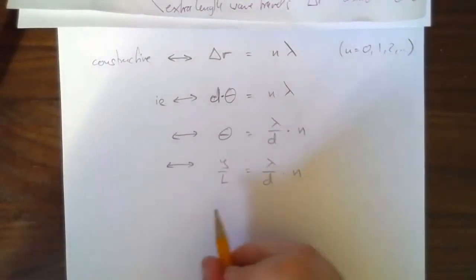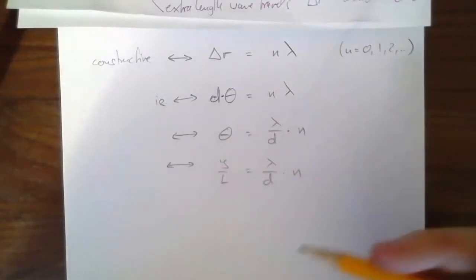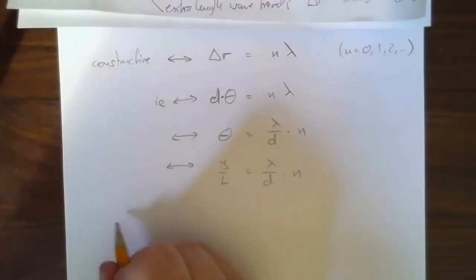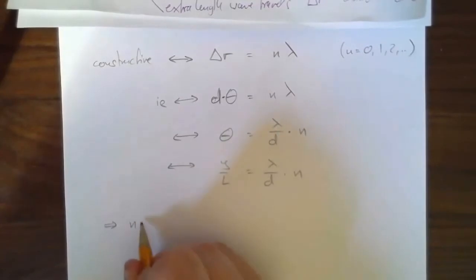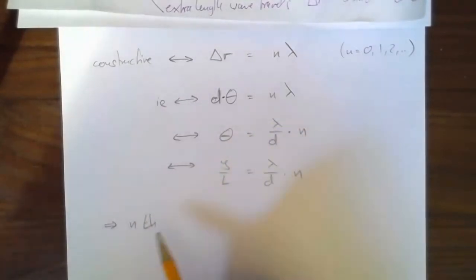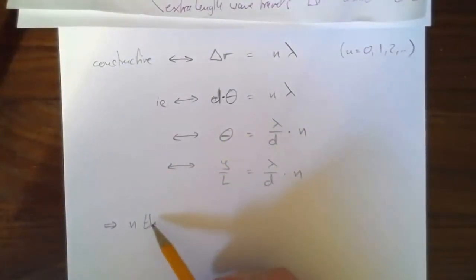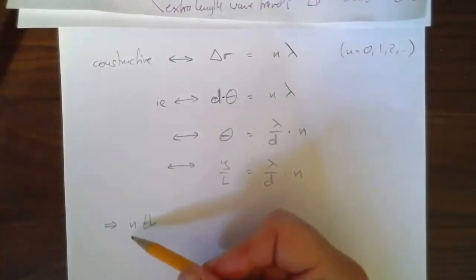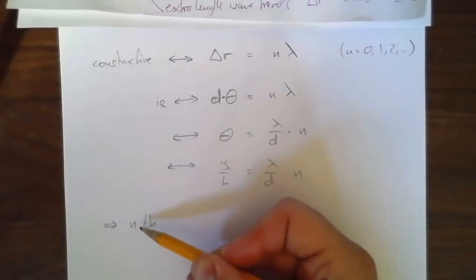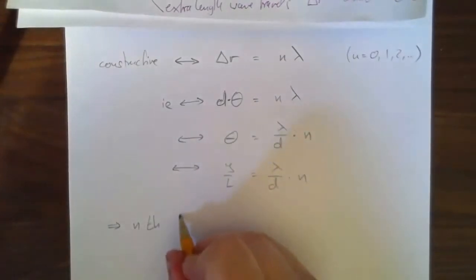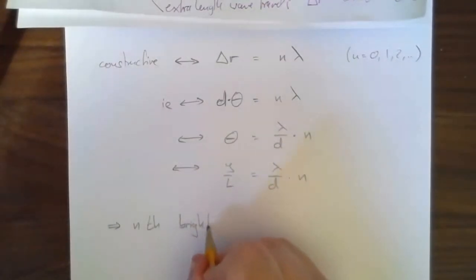Or the way you often see it written is I'm going to ask for the nth bright fringe, as it's called. So the 0th is in the middle, and the 1st, the 2nd, the 3rd, well, the nth, right? The 10th, the 12th, the 102nd, right? And the nth bright fringe.